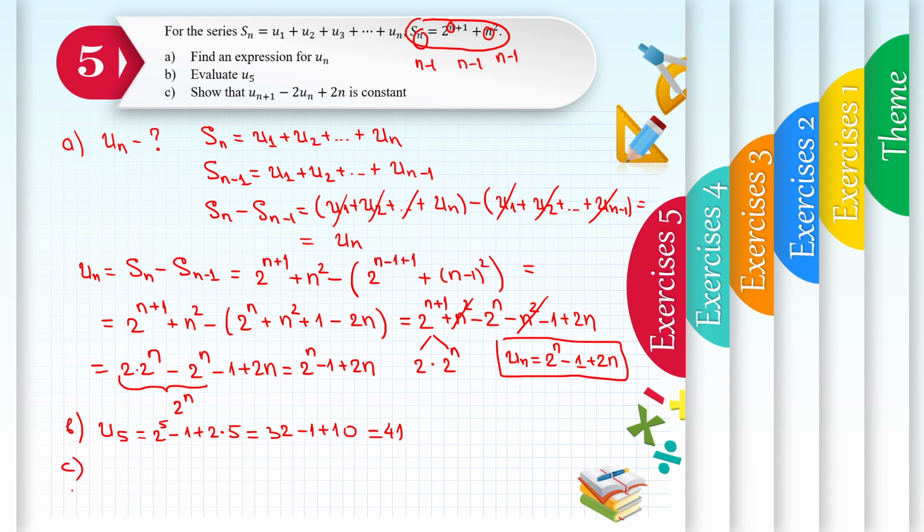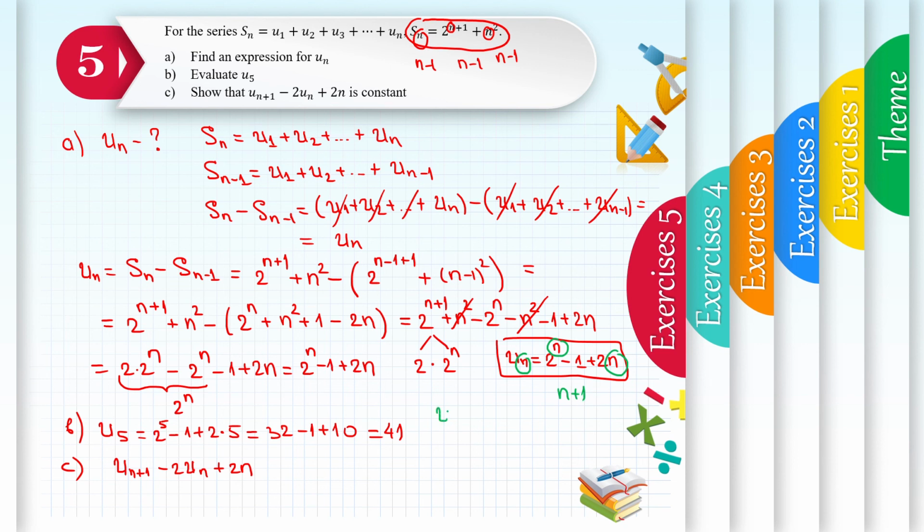Next, point C. We have to show that un plus 1 minus 2 un plus 2n is a constant. It means that we have to prove that this expression does not depend on n. For this, we have to find first the formula for un plus 1. To find this, we go back to un and replace n with n plus 1.